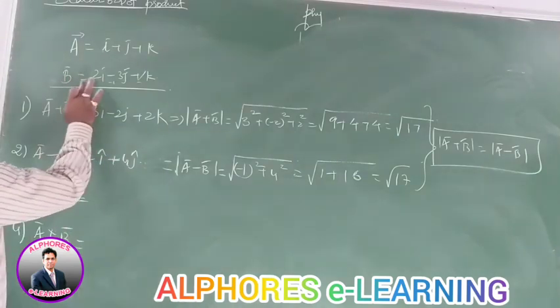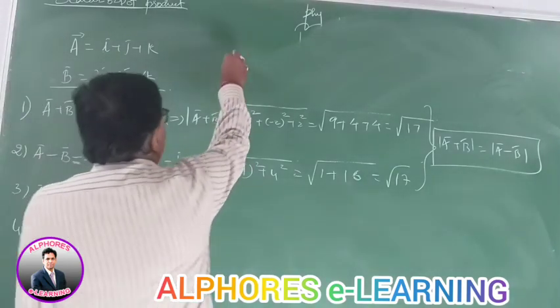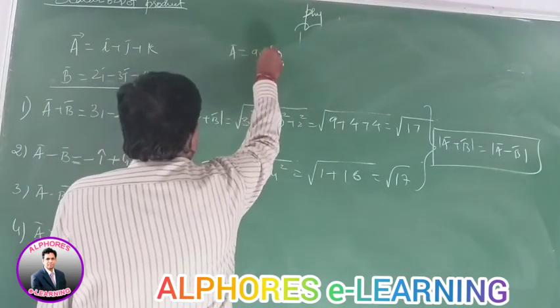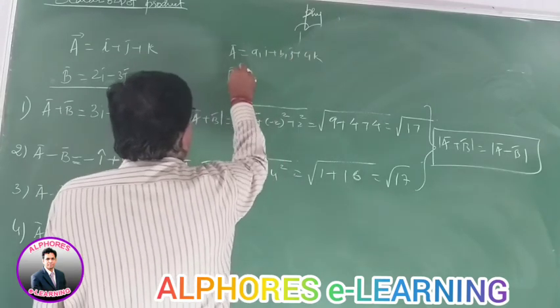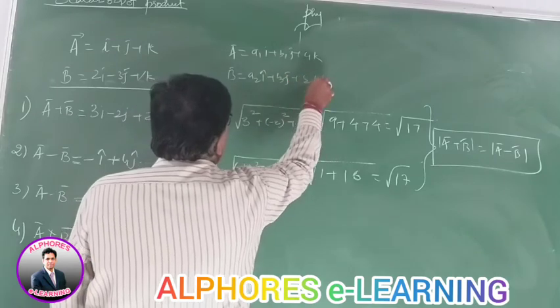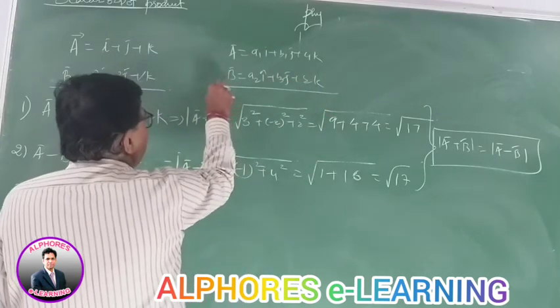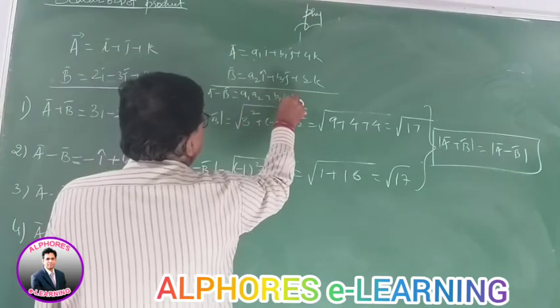We know that when vectors are given in this form, if a bar is a1 i plus b1 j plus c1 k and b bar is a2 i plus b2 j plus c2 k, then a dot b is a1 a2 plus b1 b2 plus c1 c2.